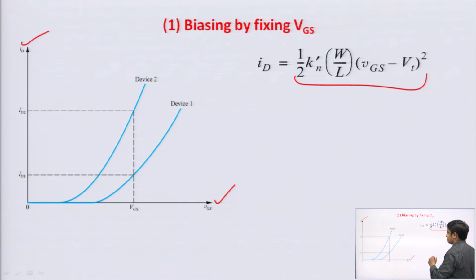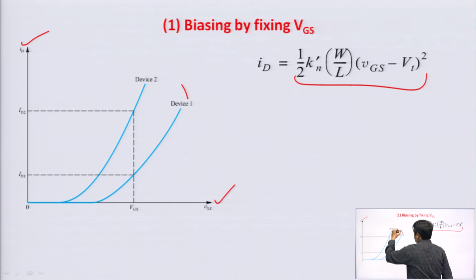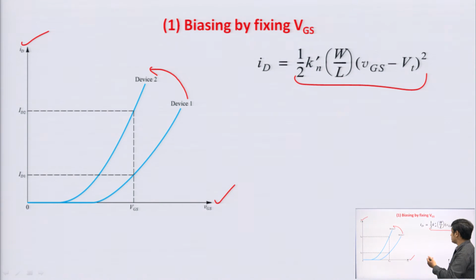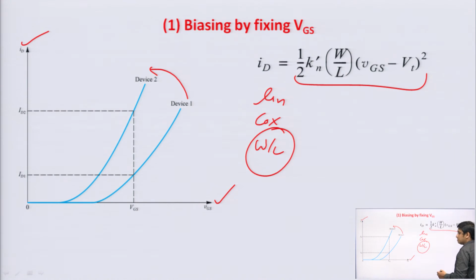So, what happens when the device is changed from device 1 to device 2, and both the devices are matched devices, similar? Matched and similar means your mu n is the same, your Cox is the same, your W by L is the same, but again, that is the ideal case. If the temperature is changed, then your mu n can change, your Vt can change.